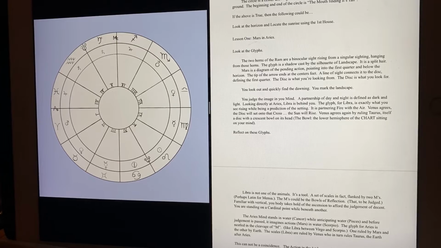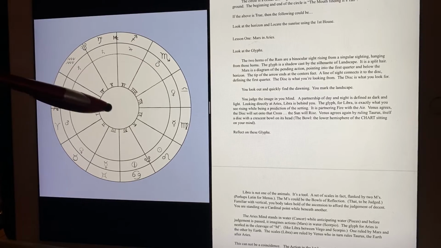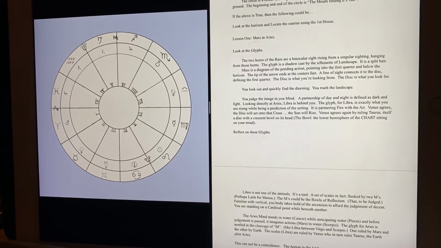Mars is a diagram of the pending action, pointing into the first quarter and below the horizon. The tip of the arrow ends at the center's feet. A line of sight connects it to the disk, defining the first quarter.